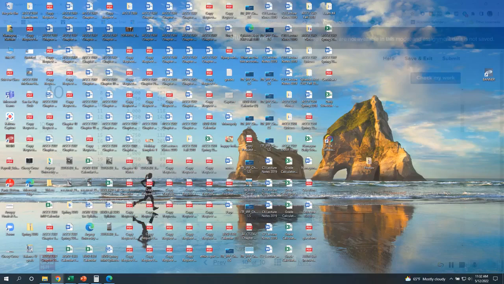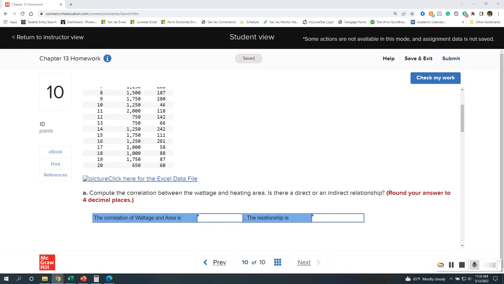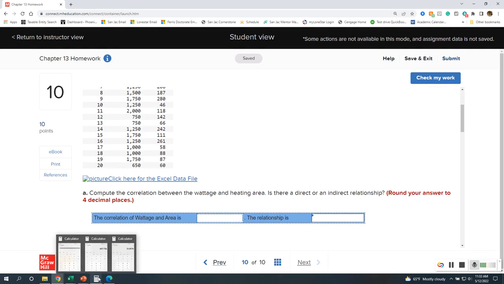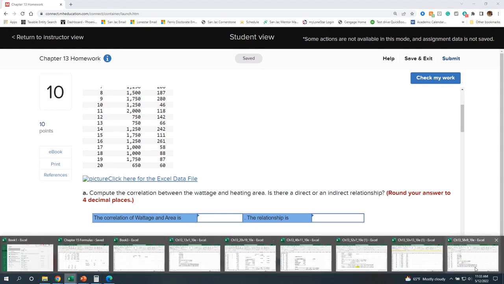But we can actually put it out, because they want us to calculate, so might as well use Excel.